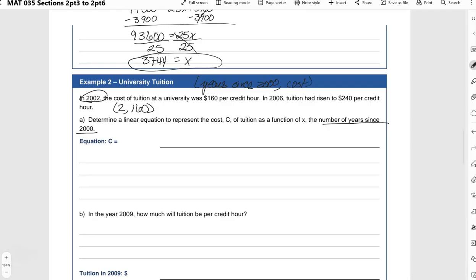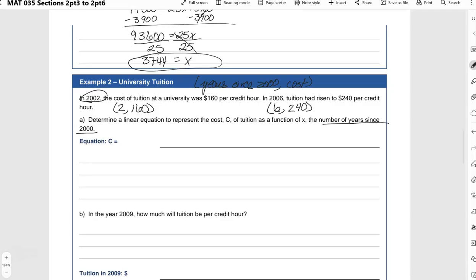In 2006, it had risen to $240 per credit hour. So 2006 is 6 years from 2000, and then the cost is $240 per credit hour.